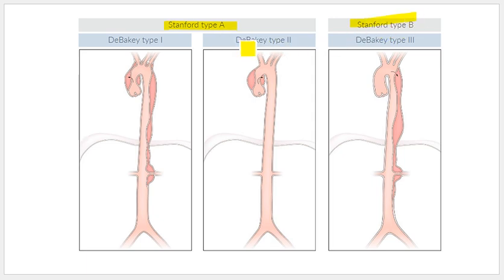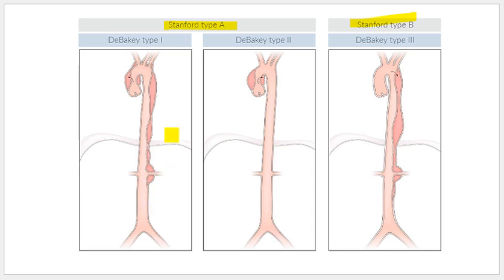Then we will come to DeBakey. The aorta has different parts like the ascending aorta, the aortic arch, and the descending aorta. Here we have the aortic arch. This is the ascending aorta. Then we have this portion, this is called the descending aorta.